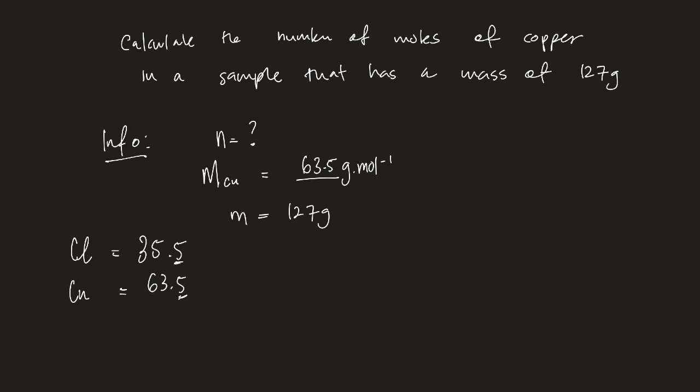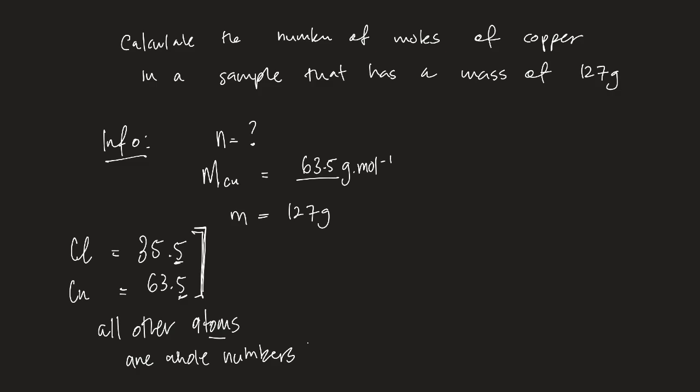This 0.5 is important. All other atoms, this is important, highlight it or something. If you use the wrong thing, you're going to get the wrong answer. All other atoms are whole numbers. And I want you to go check your periodic tables. Go and check the periodic table without the names on it. That periodic table will show you very clearly that we take chlorine and copper with their 0.5s, and all the other atoms should be whole numbers.